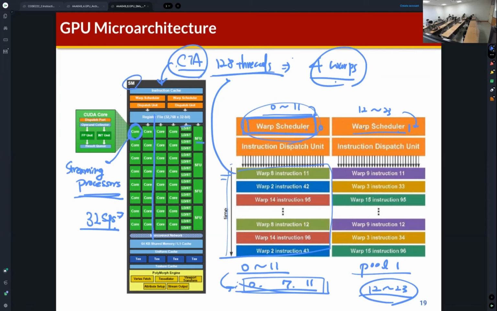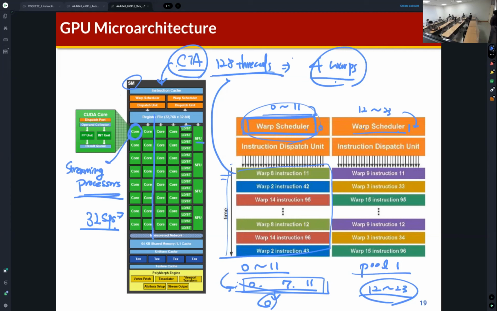Then it selects one warp from the ready warps by the warp scheduling algorithm. So for example, if the warp scheduler always selects warp number 0, then other warps will not be executed. So it's a kind of fairness problem. We can also apply some warp scheduling algorithm for improving the performance of the GPU.